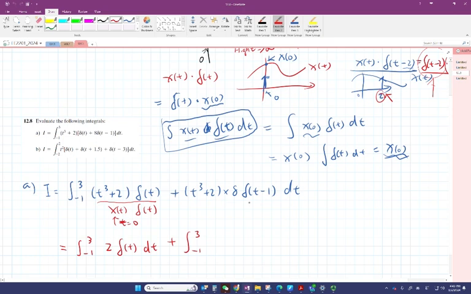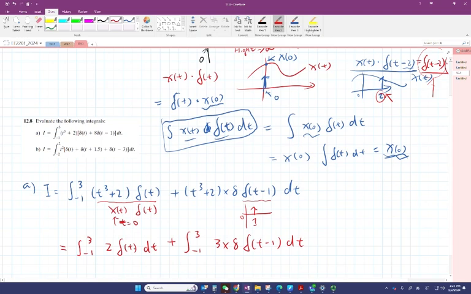In this one, the location is actually at 1, because it's delta t moved to the right by 1 unit. So we plug 1 into it. That is 1 plus 2, that is a 3, multiplied with 8 delta t minus 1 dt.